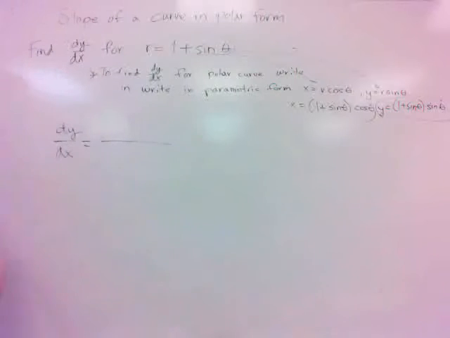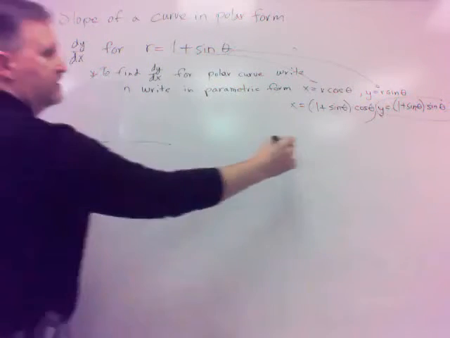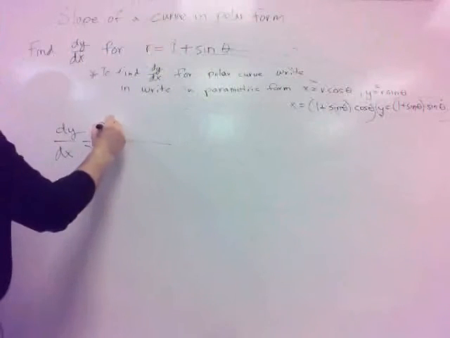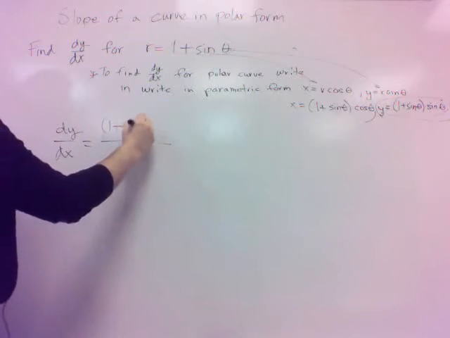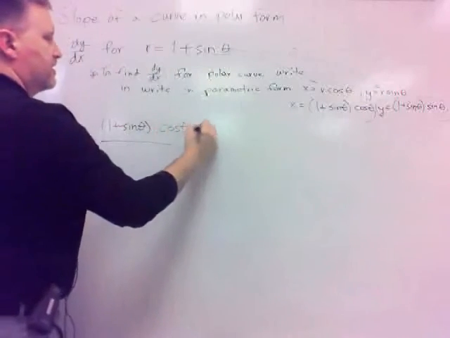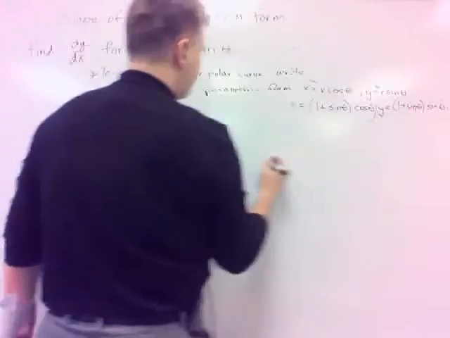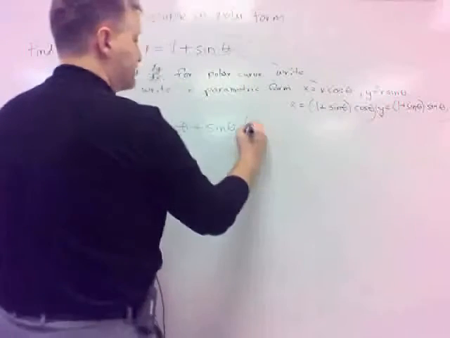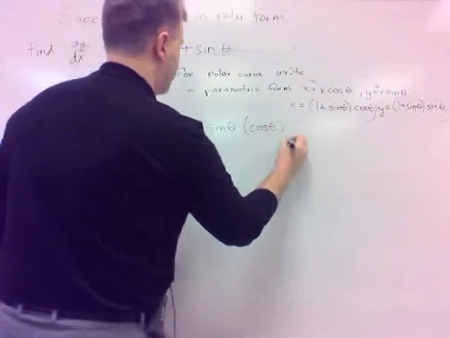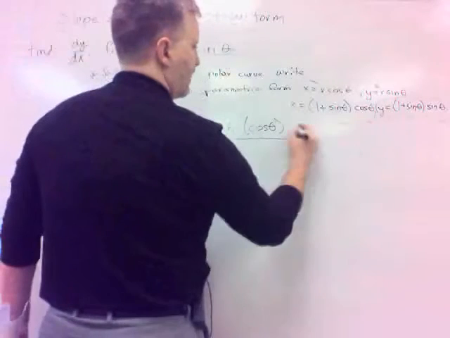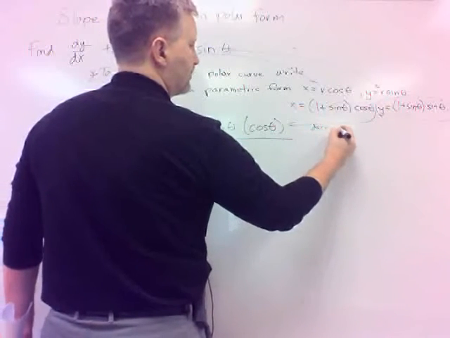Go ahead and multiply that out, but I don't think multiplying it out would really save us anything, so just do the product rule on this. Product rule: I do 1 plus sine of theta times the derivative of sine of theta, which would be cosine theta, plus the sine of theta times the derivative of 1 plus sine theta, which is cosine theta. So all that's the derivative of the y equation.